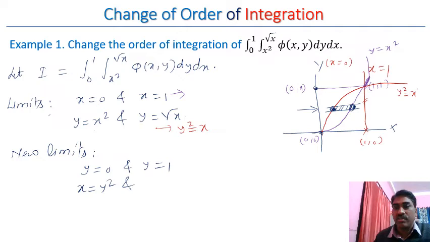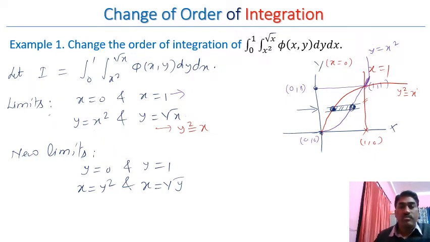This curve is y is equal to x square, meaning x is equal to root y. X is equal to minus root y will lie in the second quadrant, so we are not interested in that, because the bounded region lies in the first quadrant. So now we have obtained the new limits.